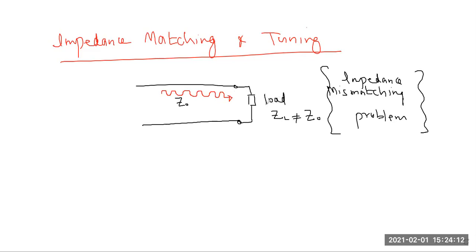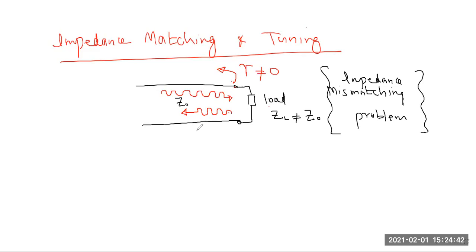But because ZL is not equal to Z naught at this point, there will be a reflection coefficient not equal to 0. Now when this signal arrives at this point, some portion will be absorbed by the load. So some power is delivered to the load, but now you also have a signal which is traveling in the reverse or backward direction.